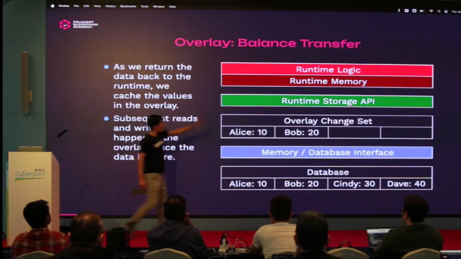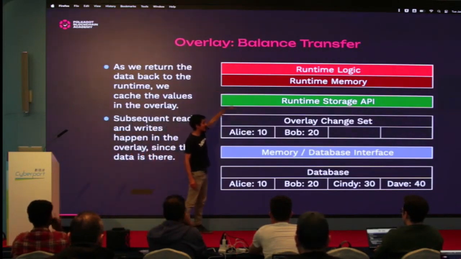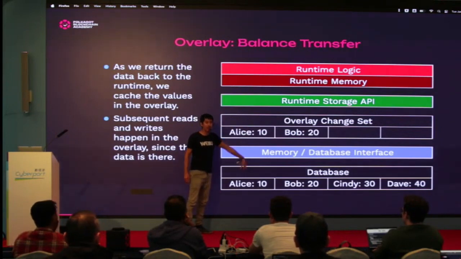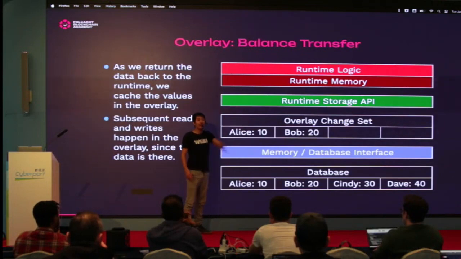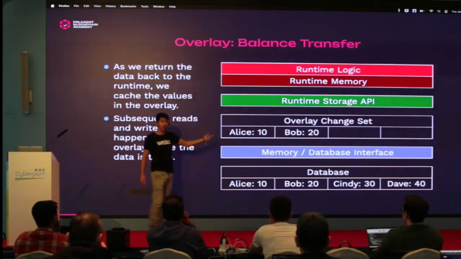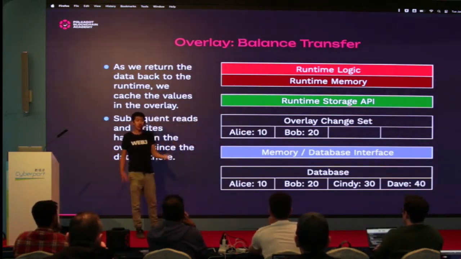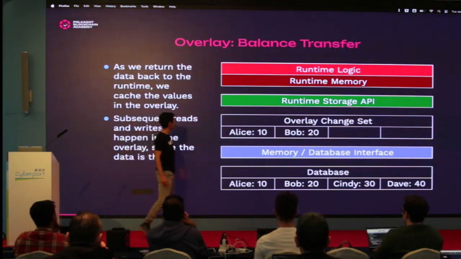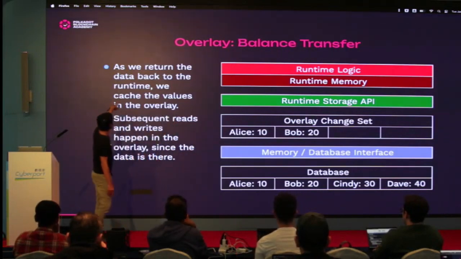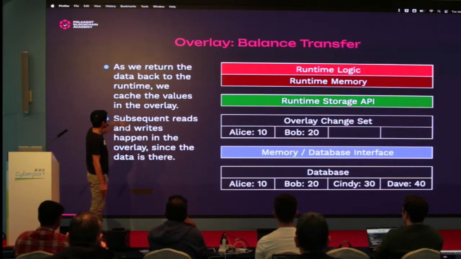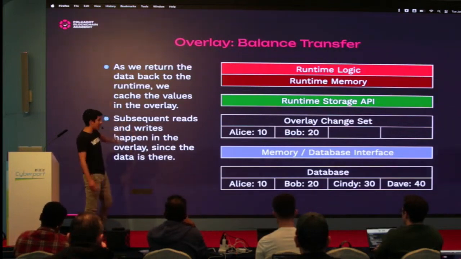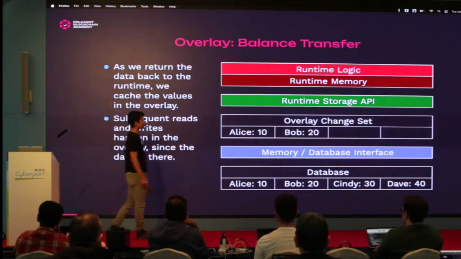So the runtime logic asks the overlay, do you have the information? It says no. It does a very expensive read down to the database to pull that information up and put it in the overlay. But now, subsequent reads and subsequent writes to this information are very cheap because it's right here in the overlay already. As we return the data back to the runtime, we cache the values. It's very nice.